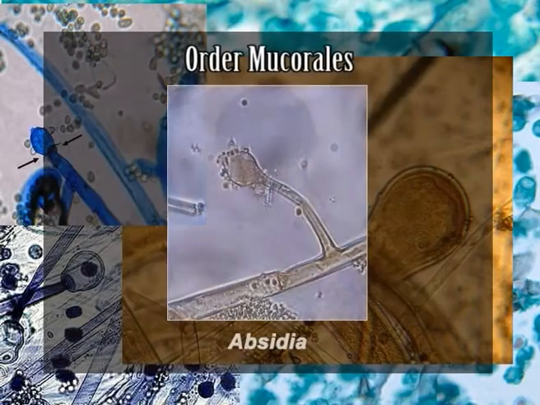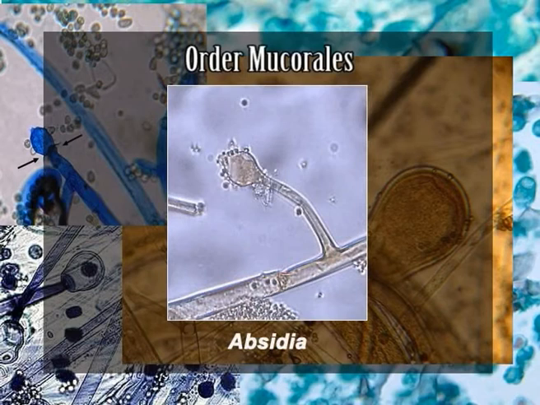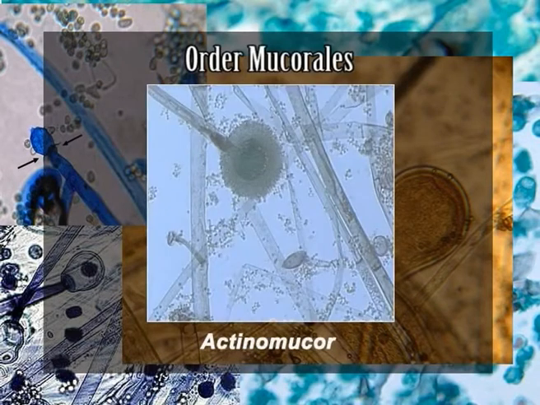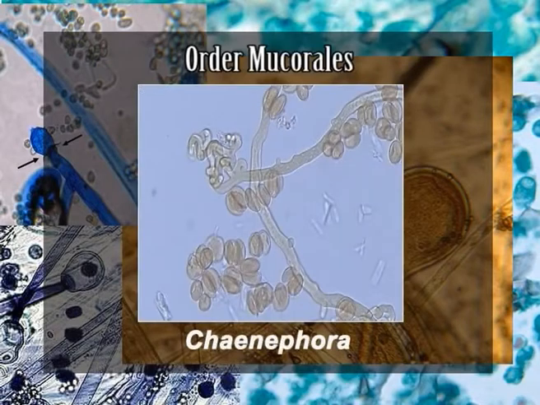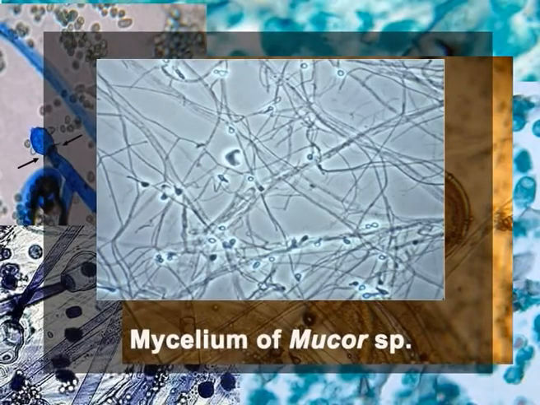The principal characteristic that distinguishes class Zygomycetes is the production of a thick-walled resting spore called zygospore. The order Mucorales has by far the largest number of species and morphological diversity within the class Zygomycetes. Mucoralian species have a well-developed mycelium that is generally aseptate. When septa are present, they lack pores with specialized plugs.